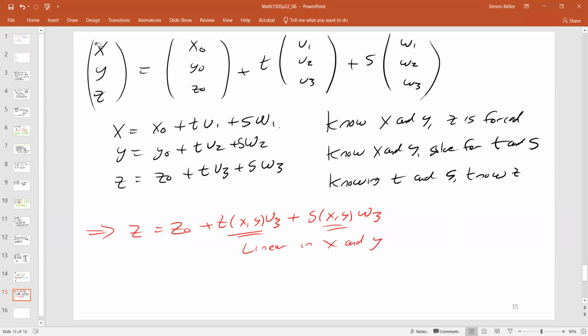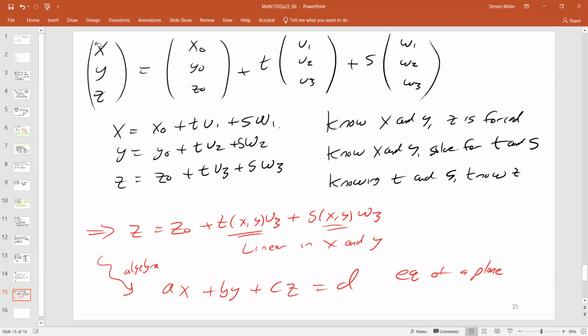And so the whole point is, after algebra, it's going to reduce to something like ax plus by plus cz equals d. And this is the equation of a plane. So you can rewrite this in the form ax plus by plus cz equals d, which makes sense. If I know x and y, then z is forced upon me. It turns out that there's a nice way to interpret what a, b, and c are.